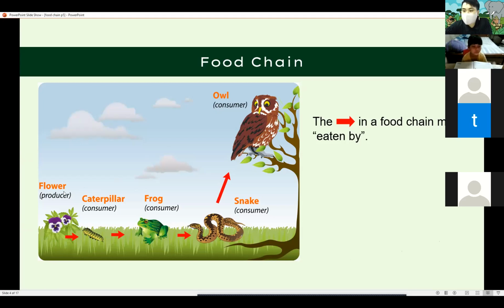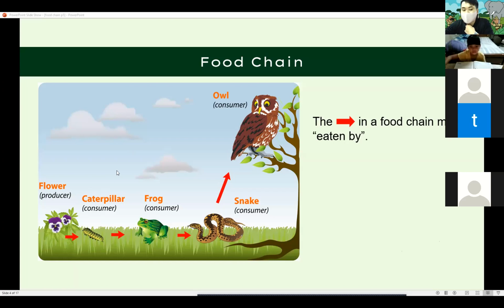So flower is a producer. Caterpillar is a consumer, frog is a consumer, snake is a consumer, and then the owl. So if you see these arrows, they mean eaten by. You understand? So flower is eaten by caterpillar.